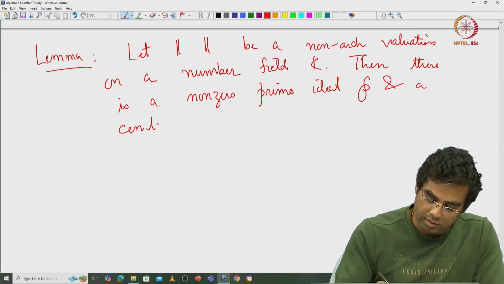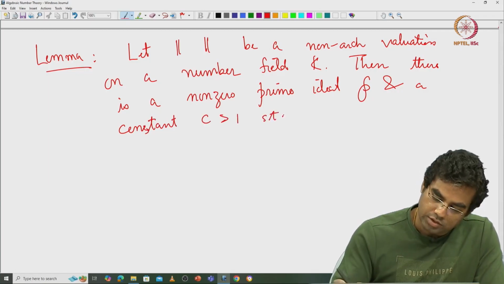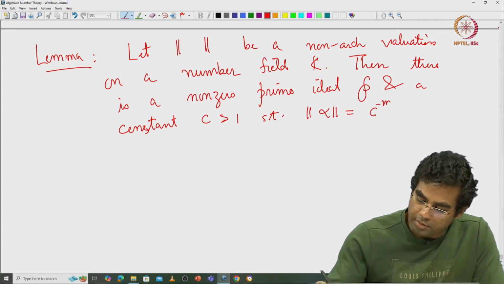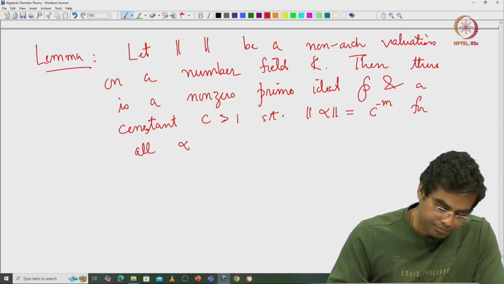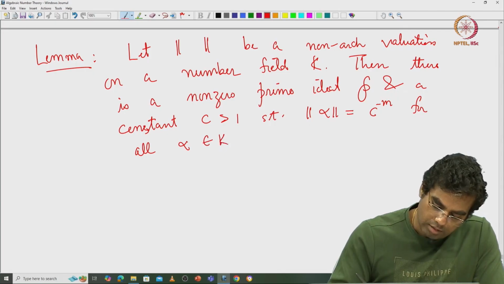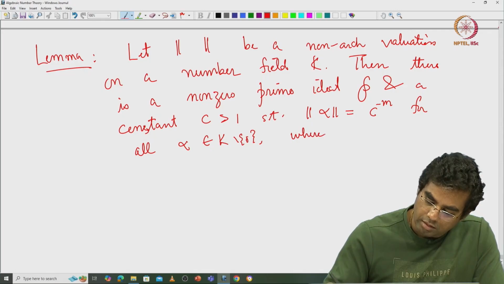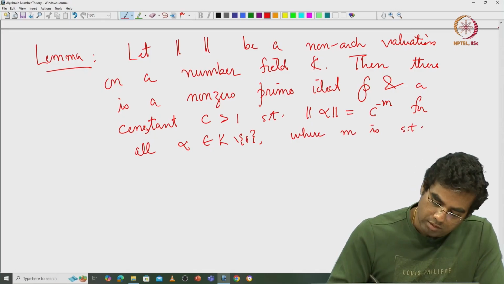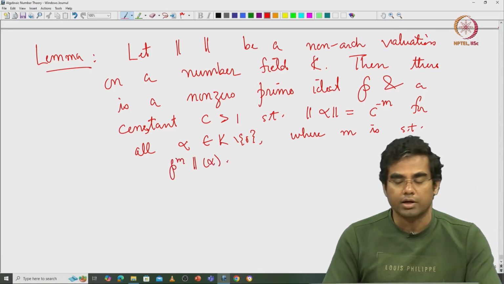Okay, let me write it down, and then I need some sort of slight extra assumption, and a constant C bigger than 1 such that valuation of alpha is C to the power minus m for all alpha in K minus 0, where m is such that P to the m is the largest power of P dividing the ideal generated by alpha.